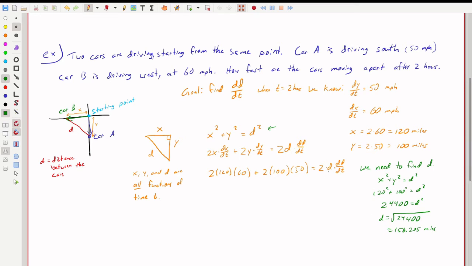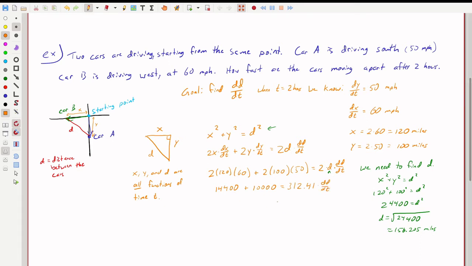Okay. So I can plug that in for d. So 2 times 120 times 60 gives me 14,400. Plus 2 times 100 times 50, which is 10,000, and then 2 times 156.205 gives me 312.41.